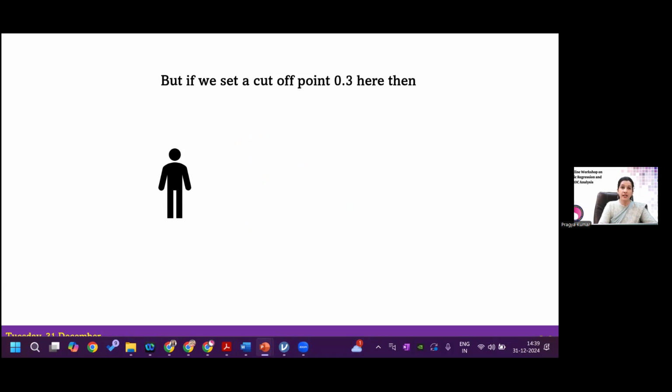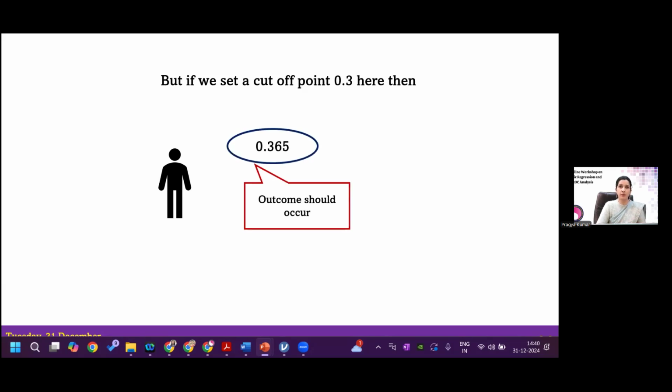But again, if I lower my cutoff, if I set it at 0.3, then what will I say? In case of 0.665 and 0.335, I can say in both the cases the outcome should occur, because now I have decreased my cutoff point. So this way you can see the effect of increasing and decreasing the cutoff point.